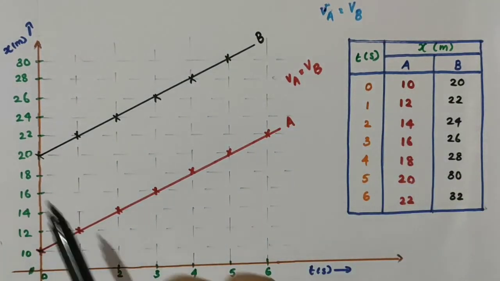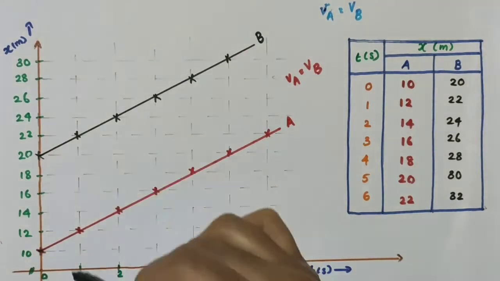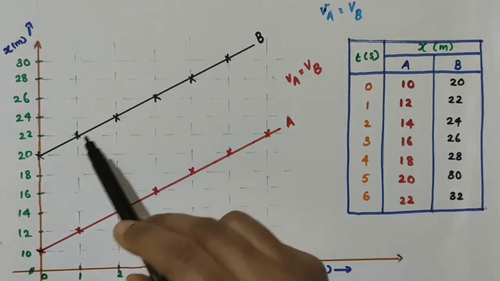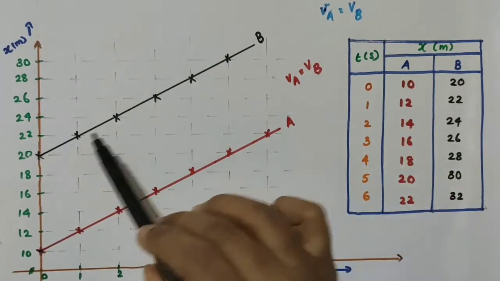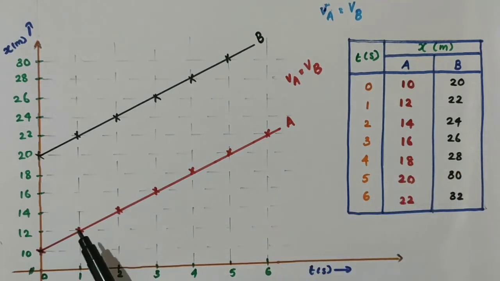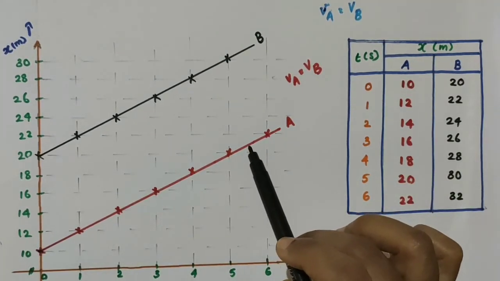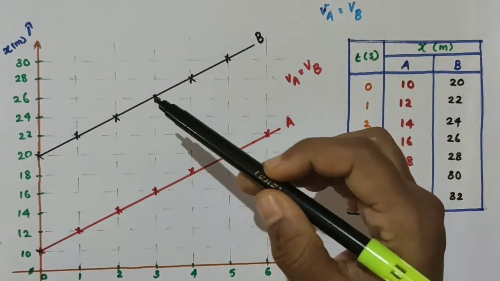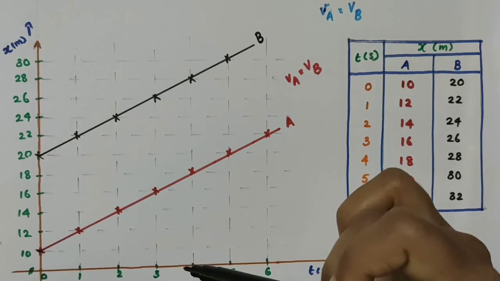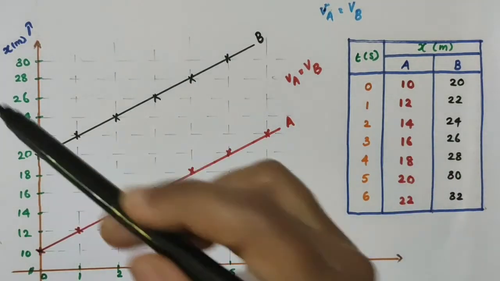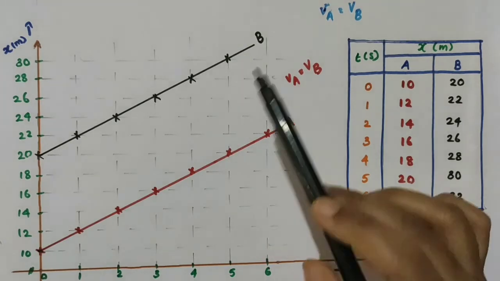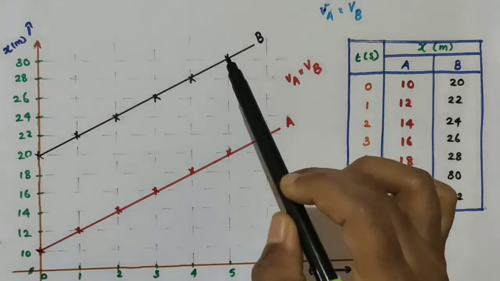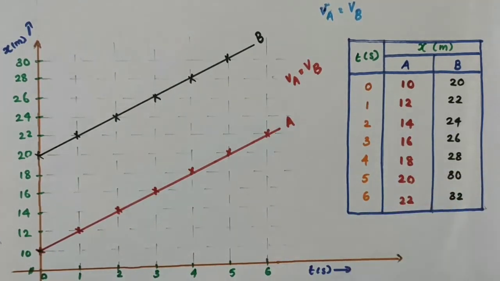Here you see the position-time graphs of these two objects moving with the same velocity are straight lines parallel to each other. The position-time graph of A is a straight line, the position-time graph of B is also a straight line, and both these straight lines are parallel to each other. So the nature of the position-time graphs of two objects A and B moving with the same velocities are straight lines parallel to each other.